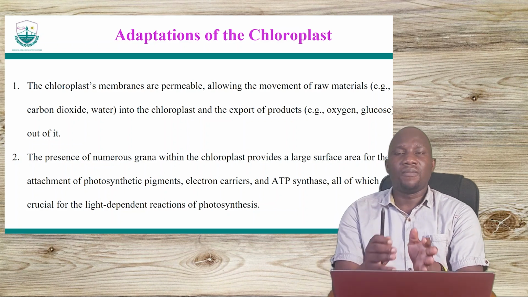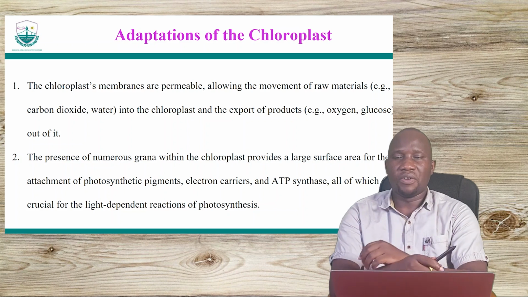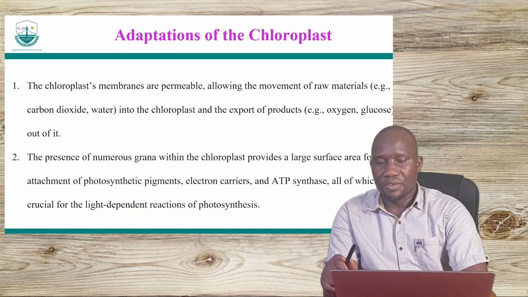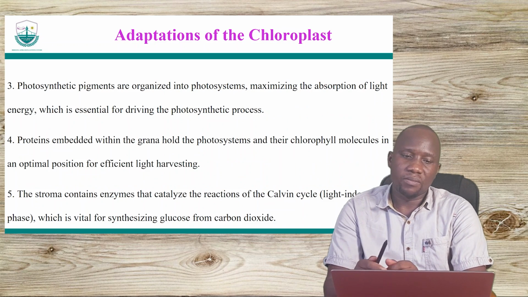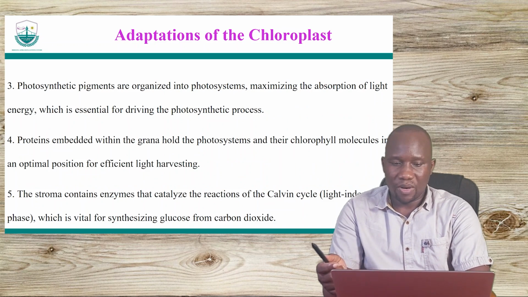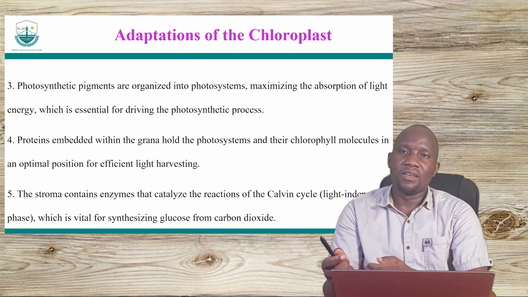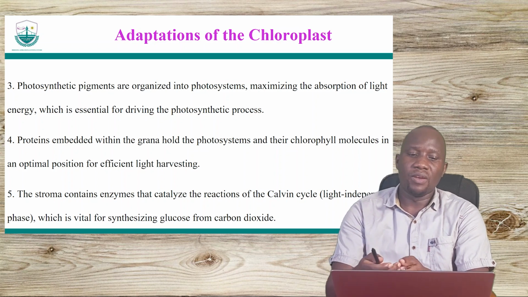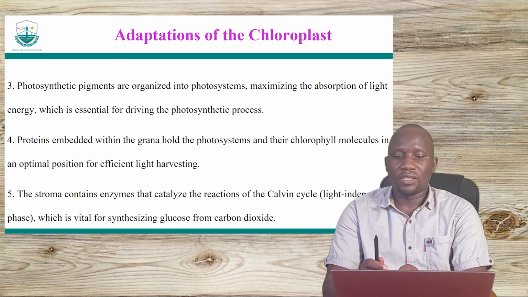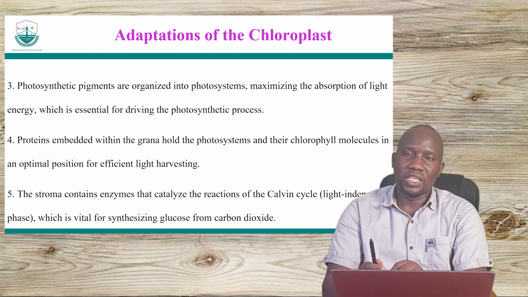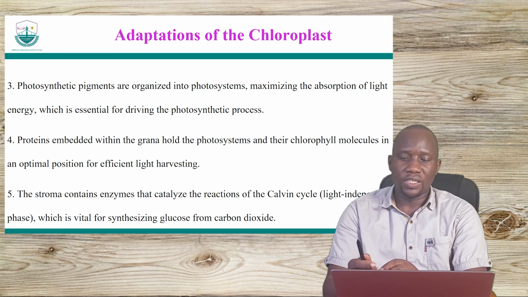And then the grana increase the surface area on which photosynthetic reactions can happen. The pigments I've talked about, and then we also have some proteins embedded within the grana that are also very important in photosynthesis.